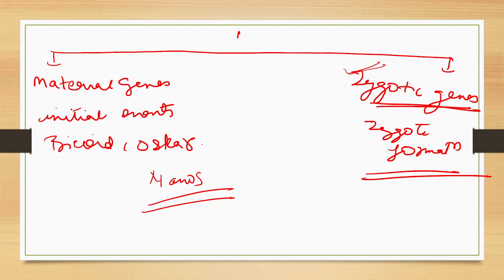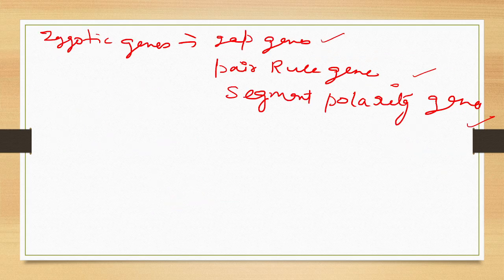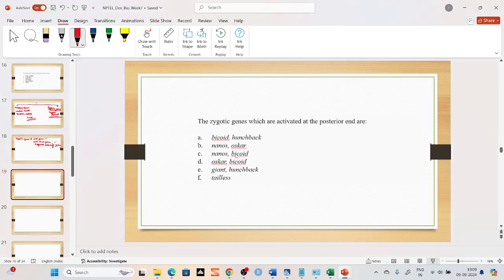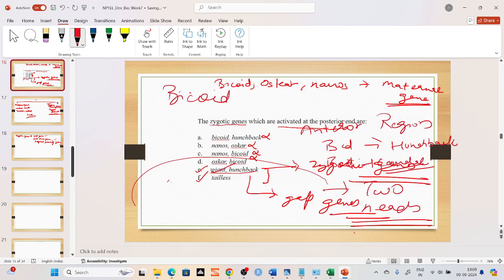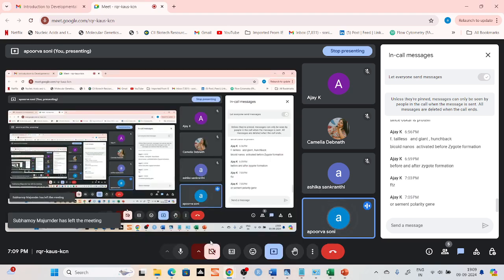Some examples of maternal genes are bicoid, Oscar, nanos, and the zygotic genes are further classified into various subtypes such as gap genes, pair rule genes, segment polarity genes, and so on. Fine. So the question here specifically asked about the zygotic genes. And because we needed to specifically select the zygotic genes, we could not select the nanos and Oscar option. I hope this is clear to you.